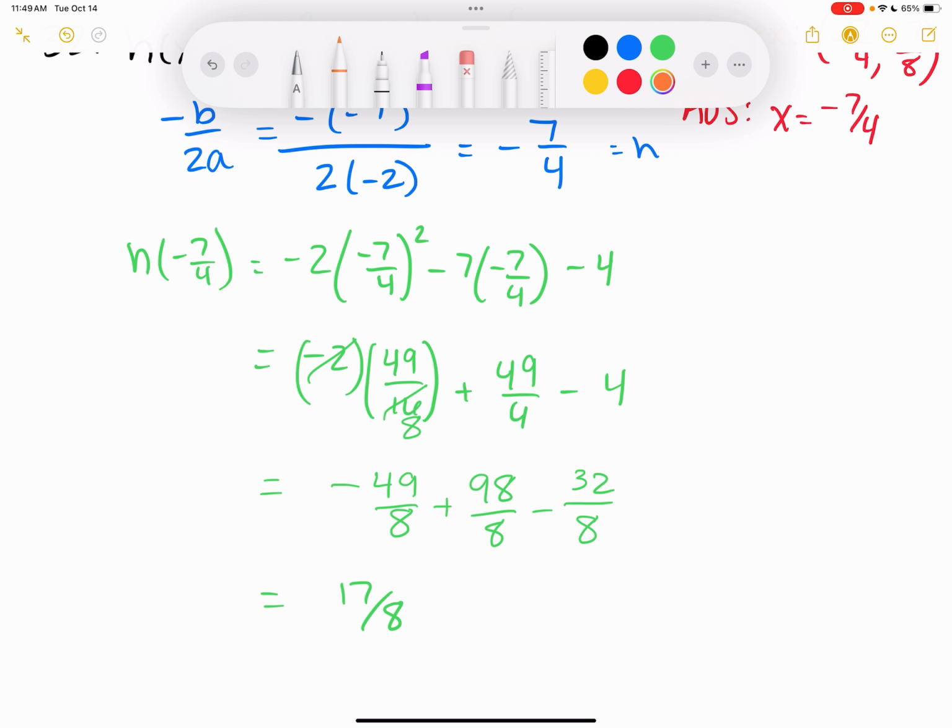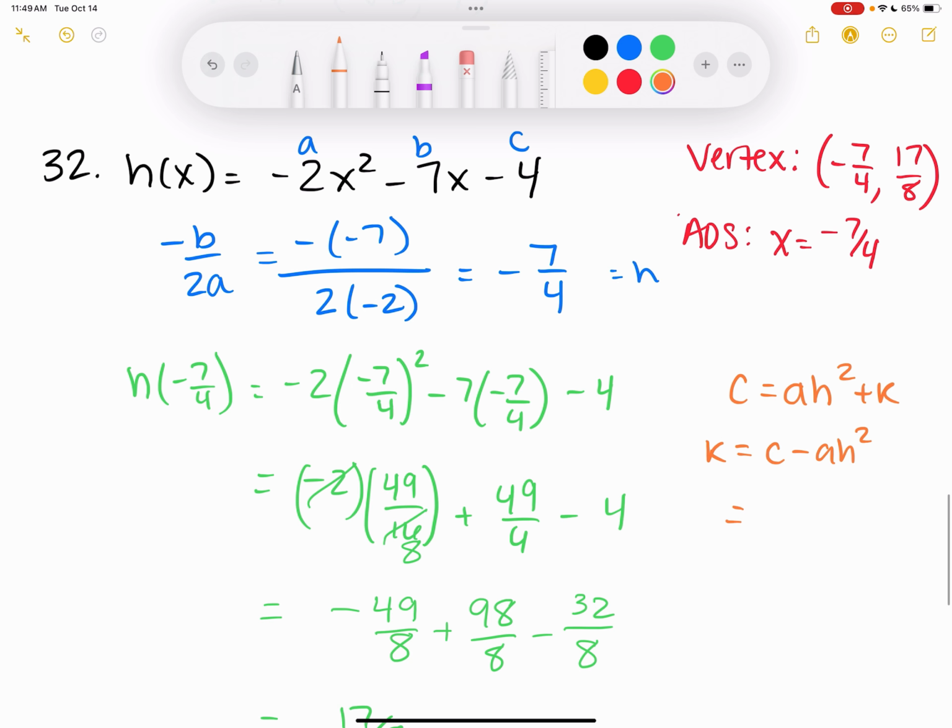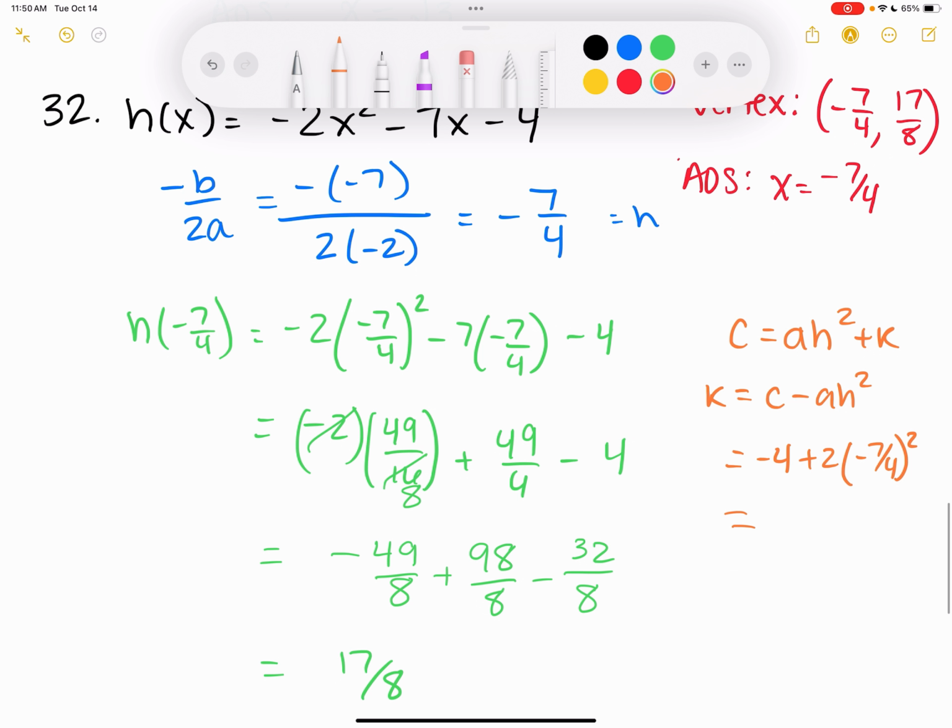Then at the bottom, I told you that C is equal to AH squared plus K. Since we're technically trying to find K, which is the Y value of the vertex, we also could have used this formula: K is equal to C minus AH squared. So we would have had negative 4, and then minus, A is negative 2, so plus 2 times negative 7 over 4 squared, and done it this way, which mathematically might have been a little easier.